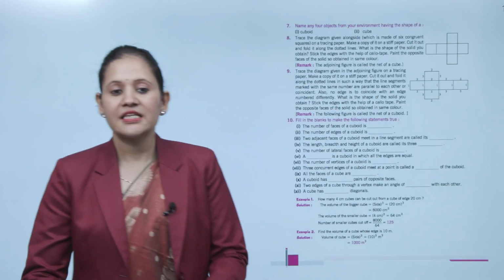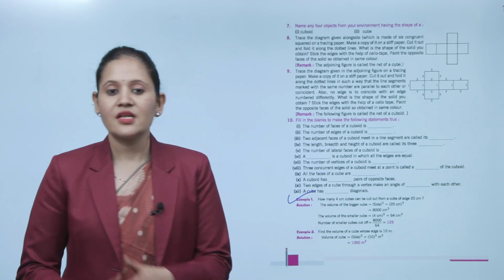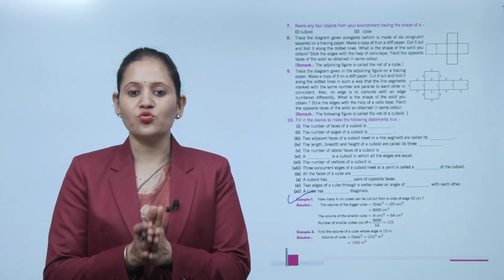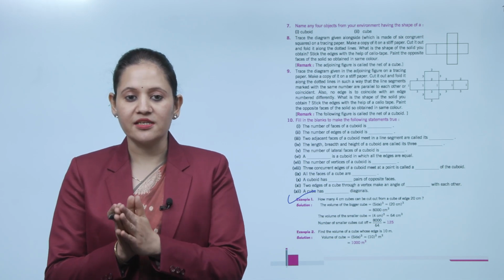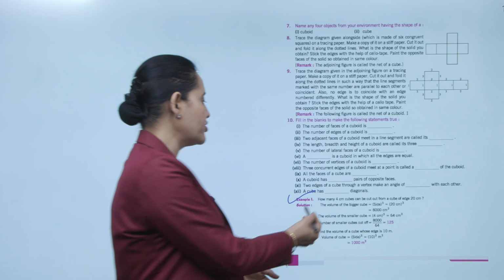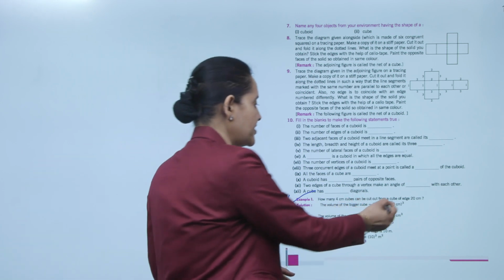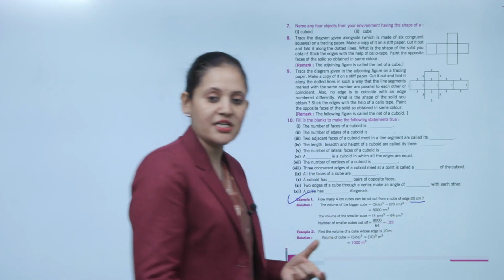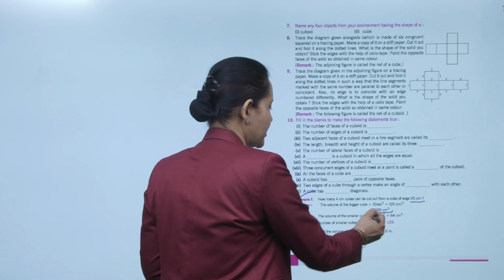Next is example 1. How many 4 centimeter cubes can be cut out from the cube of edge 20 centimeter? So first we will find the volume of the bigger cube, that is equal to side cube, where side is given as 20 centimeter. So 20 centimeter cube equals 8000 centimeter cube.